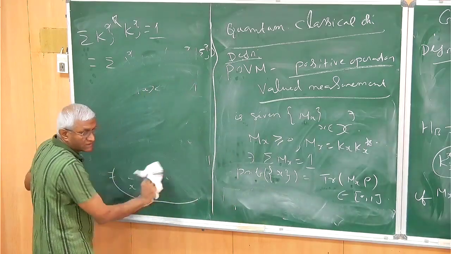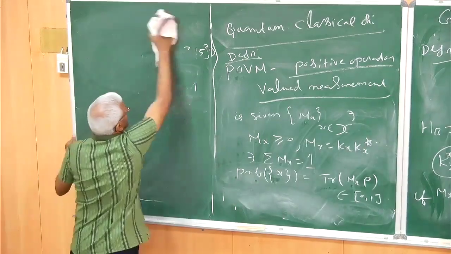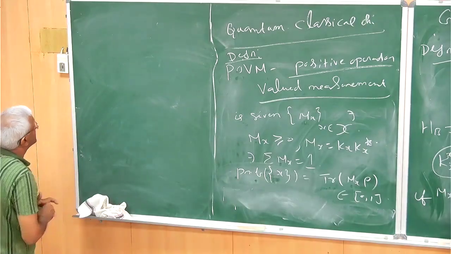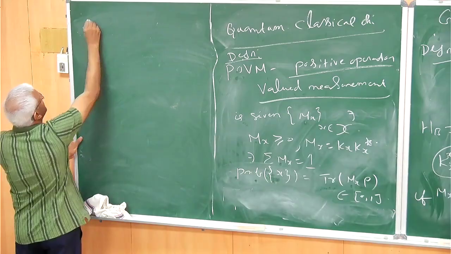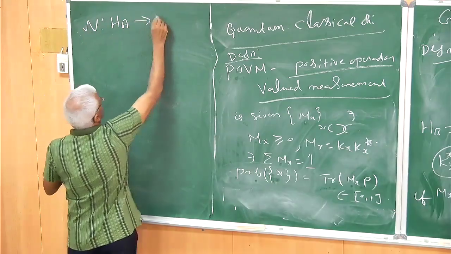So you compute the Stinespring. Stinespring should be clear from that. We want to compute the Chai matrix. So our N is from HA, which is our quantum space, to HB.